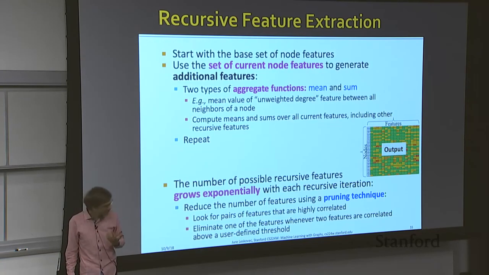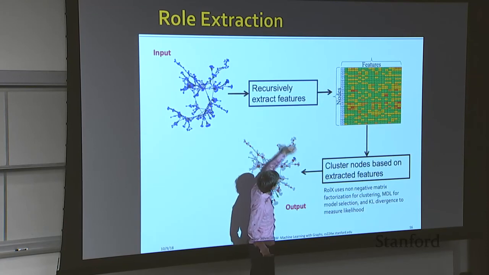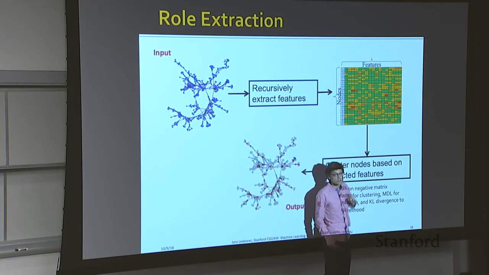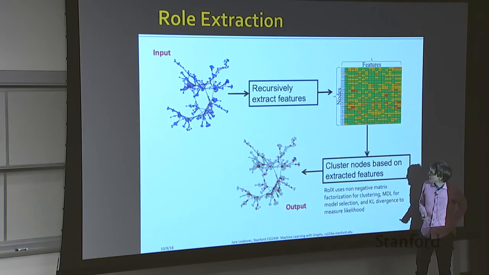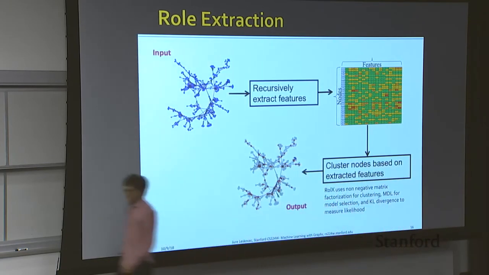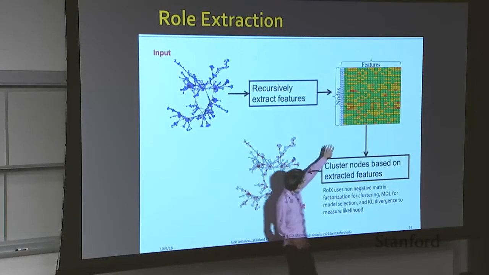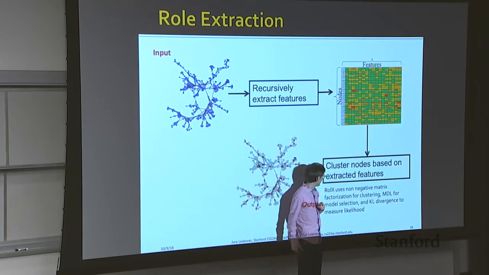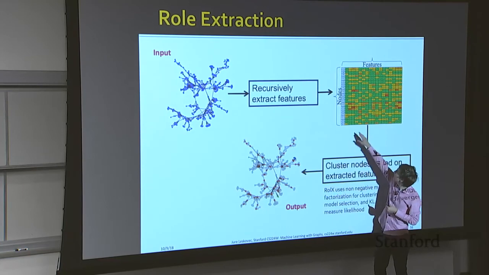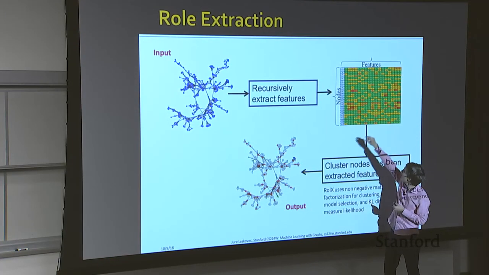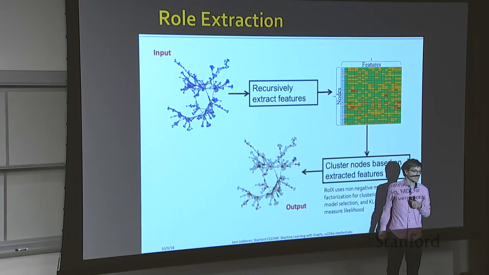Okay? So now what we have learned is how to take the network and apply the recursive feature extraction to get this node to feature matrix. And then, as the last step, what you can do is cluster these nodes based on the extracted features. You can use any clustering technique you like, where you define some kind of similarity between two nodes based on this feature description that they have.